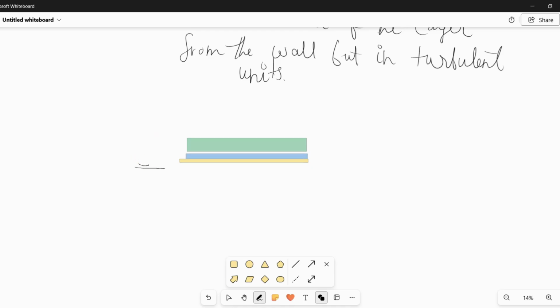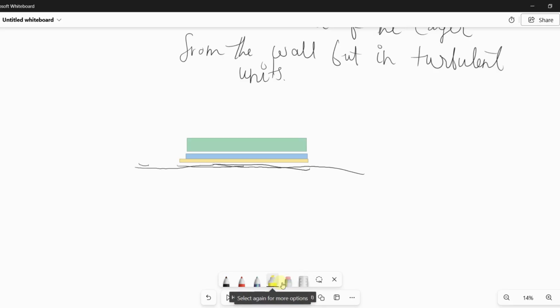Now suppose this is my surface, right? Of course it's touching the yellow one. So this is my surface. Now you know what, I'll just rub out the line. I'll let it draw one line, so it makes things better.